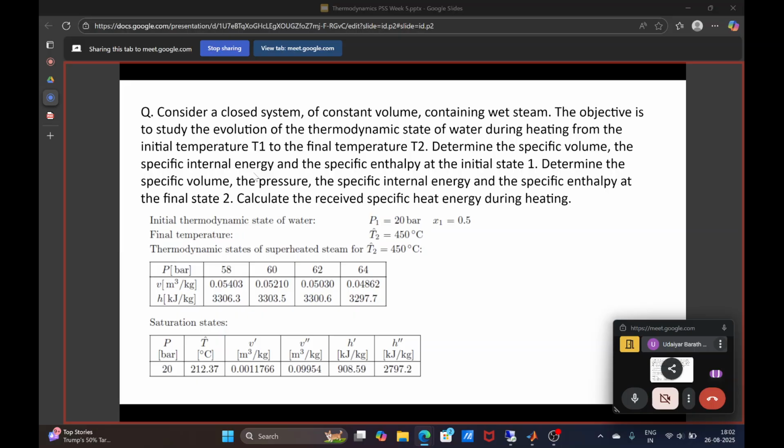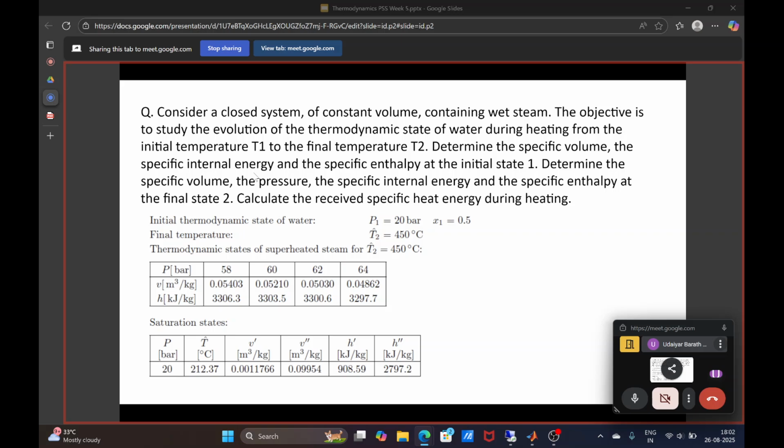To break it down, we have a constant volume system, a closed system, a rigid vessel which has wet steam. We need to see how this steam changes its state, or what happens to the steam. We are heating it.